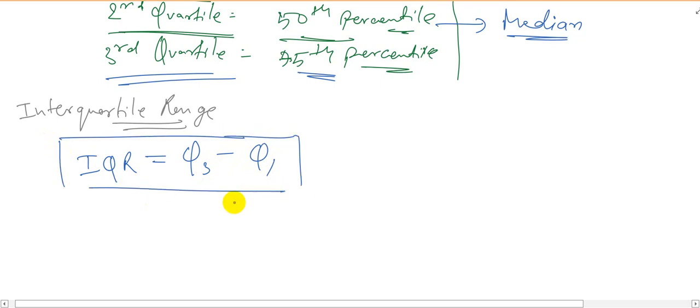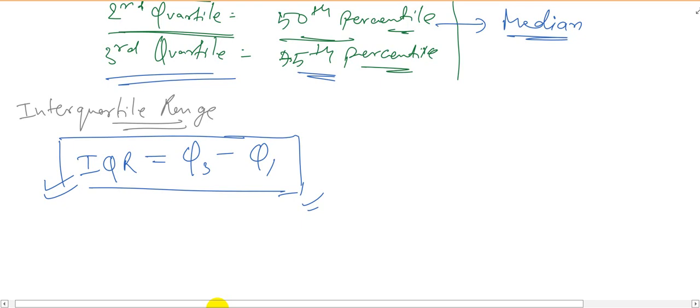That means the difference between the third quartile and the first quartile is known as the interquartile range. This interquartile range is actually used in finding the values of outliers. Which values are outliers and which are not is given by this concept of interquartile range.